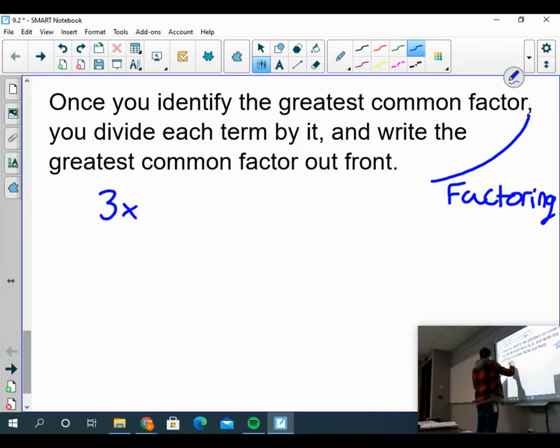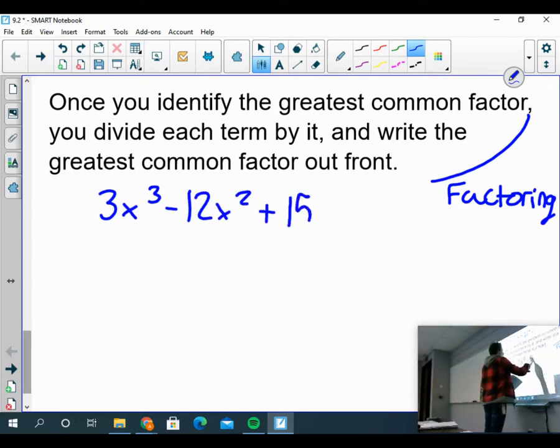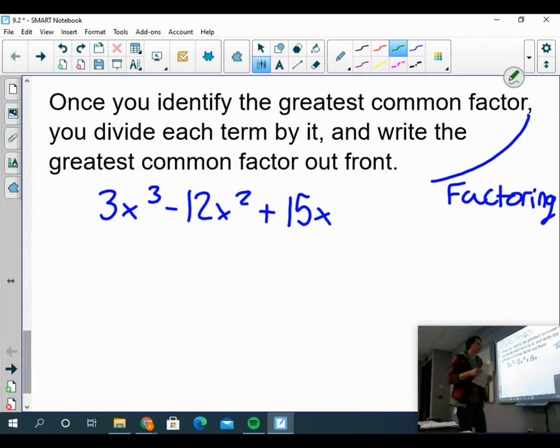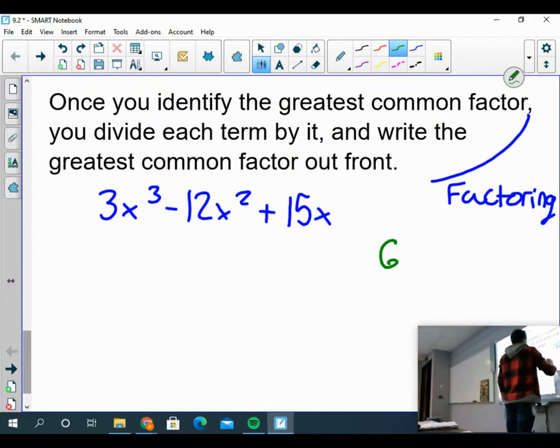So let's look at an example. Let's say I have 3x cubed minus 12x squared plus 15x. Well, first things first, if I want to factor this, I want to write it in its simplest form by factoring it. I need to identify what each term has in common, aka the greatest common factor.